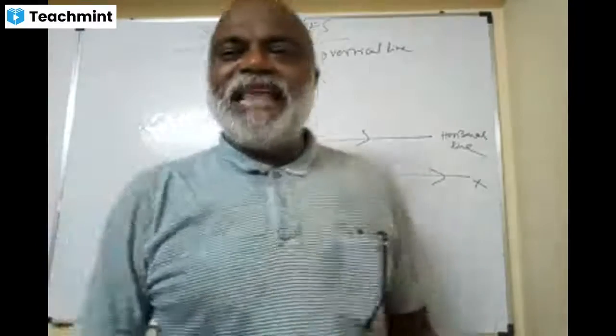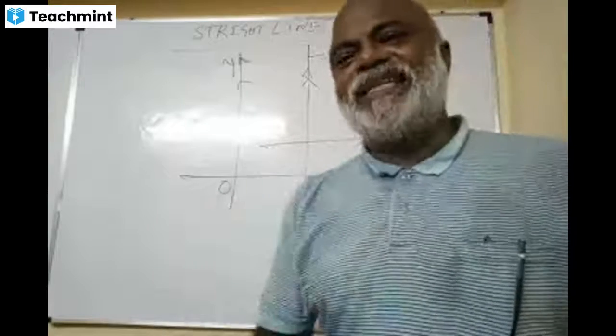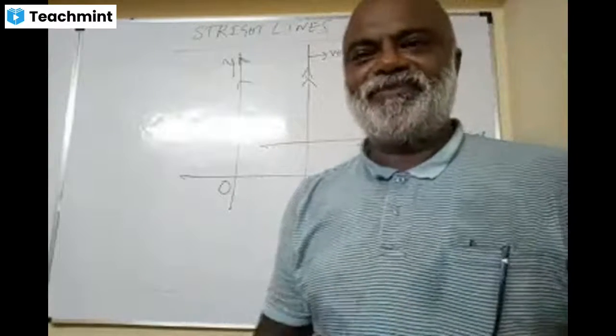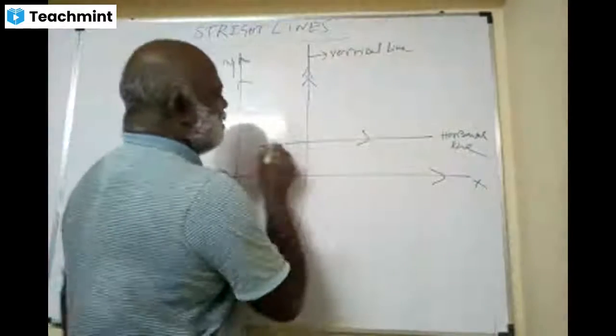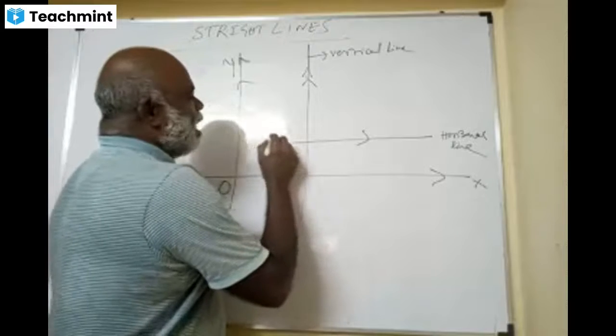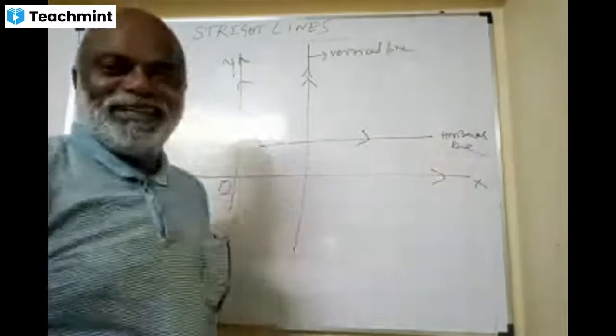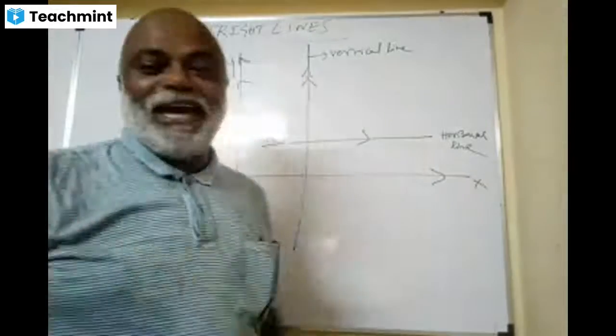Friends, other than these horizontal and vertical lines, we have several other lines out there. We like this line, right? Because we can walk on this line, yes or no? Easily you can walk on this line. It's very difficult to walk on this line, yes or no? Very difficult.